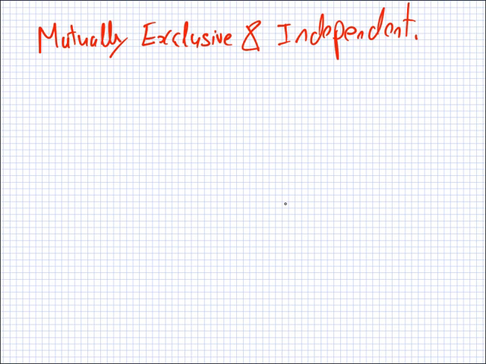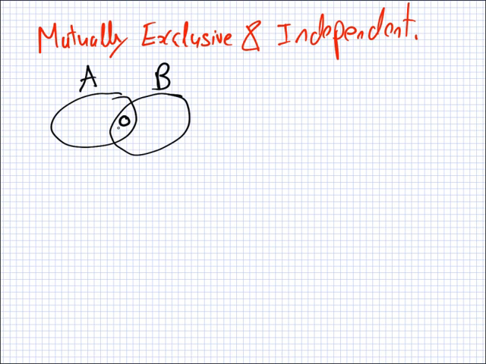Sometimes in our Venn diagram, we have situations like this, where the intersection is 0. So what does that mean about the events A and B? What can we say about the events A and B?